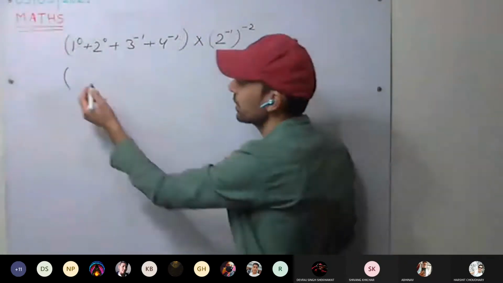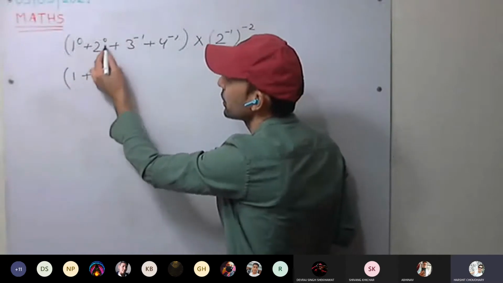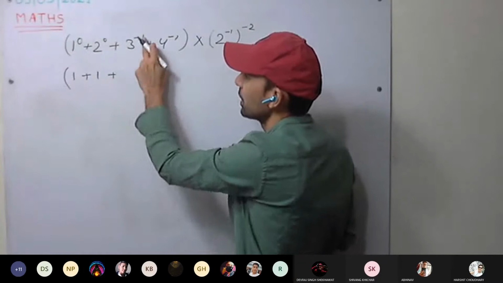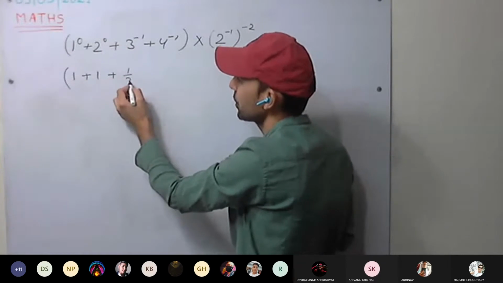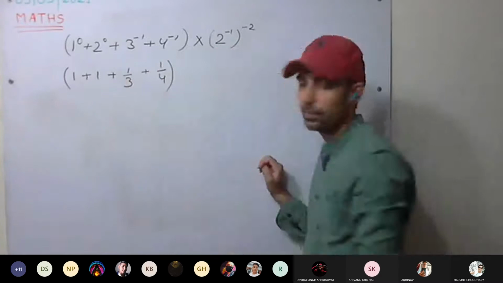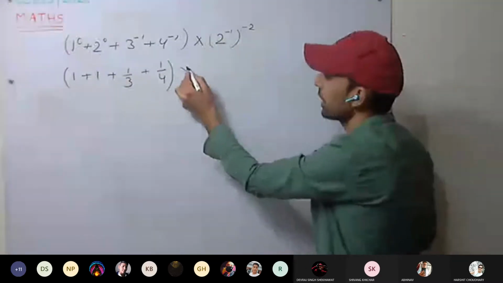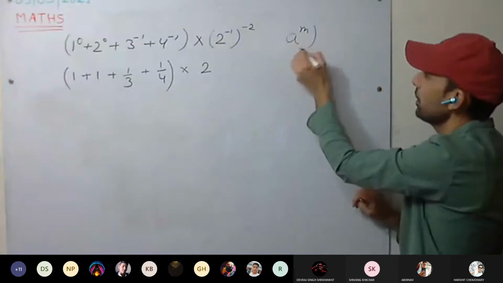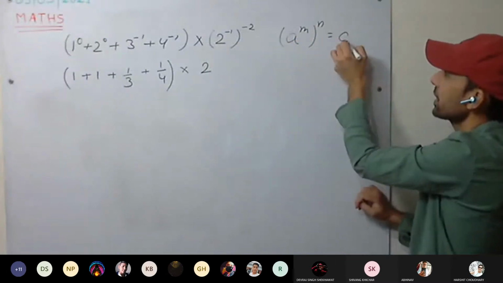1 raised to power 0 is 1. 2 raised to power 0 is 1. 3 raised to power minus 1 we can write 1 upon 3 plus 1 upon 4. Okay. And it will be how much? A raised to power m whole raised to power n, it is how much?